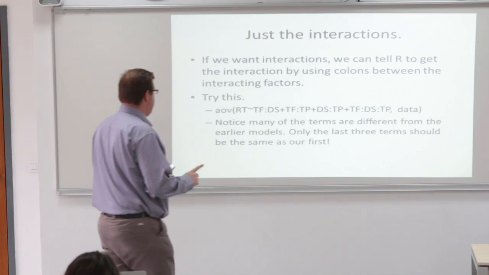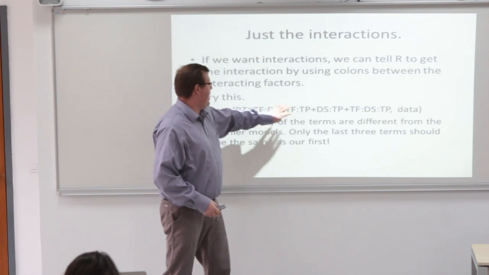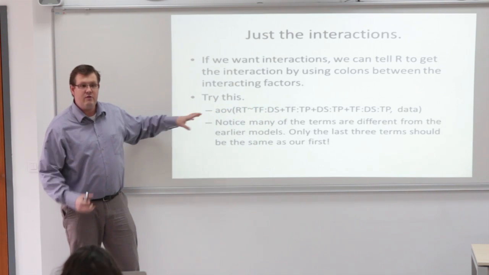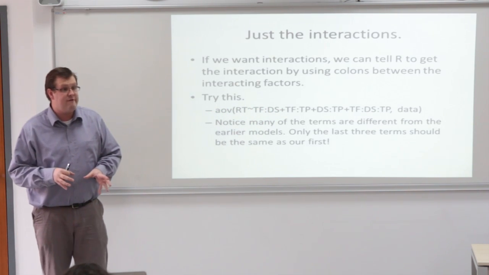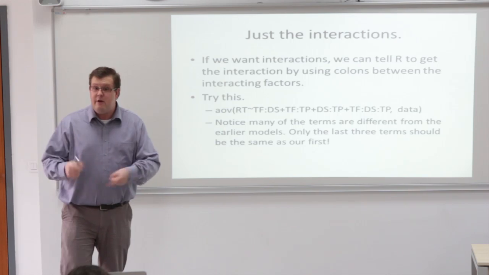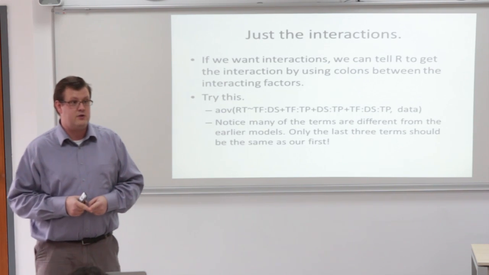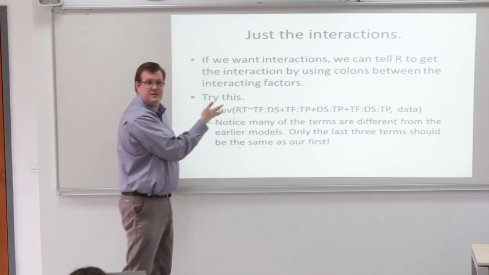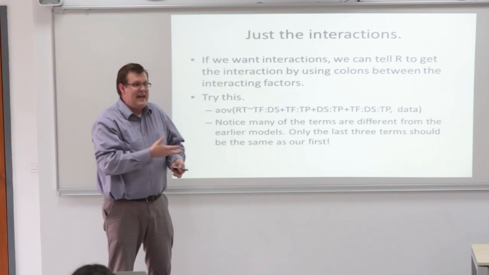Well, remember, initially when we were calculating these, we took out the sums of squares for the factors that were involved in those, or the interactions of the factors that were involved in those. But here we don't have sums of squares for those first couple things. So we can't take it out.